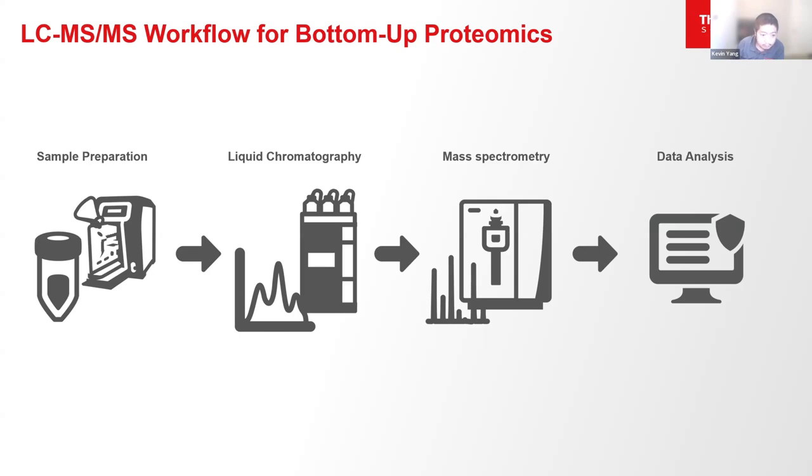The peptides are separated using liquid chromatography to give you better sensitivity and coverage. The eluted peptides are analyzed on the mass spec, and the acquired data can be processed. A biostatistician will be introduced here to extract meaningful insights to answer your biological questions.